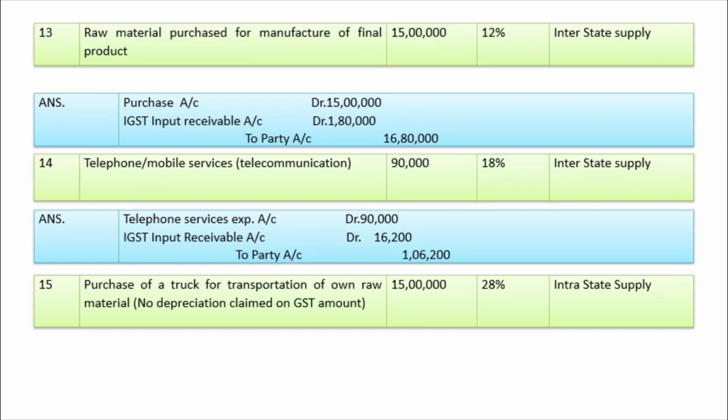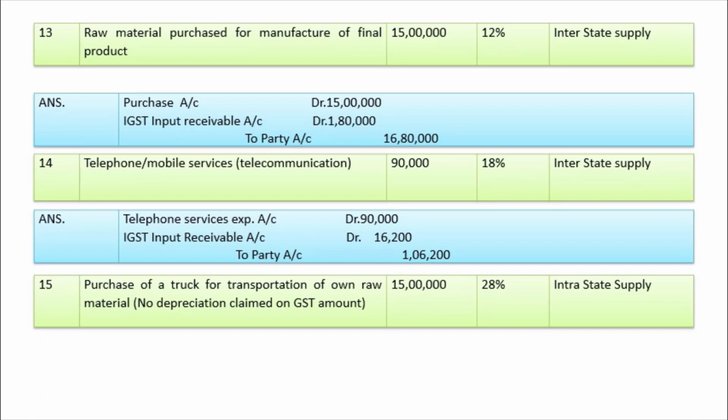So here it is a purchase of truck used for the transportation of raw material, and no depreciation is claimed on GST amount. So GST amount will be recorded separately in the books of account and credit is available.